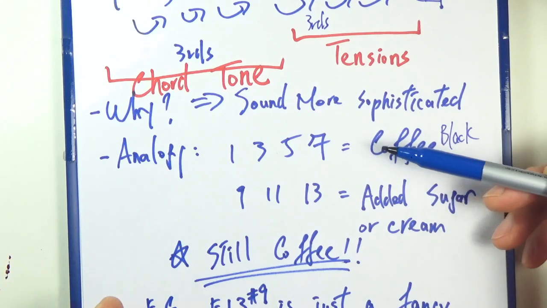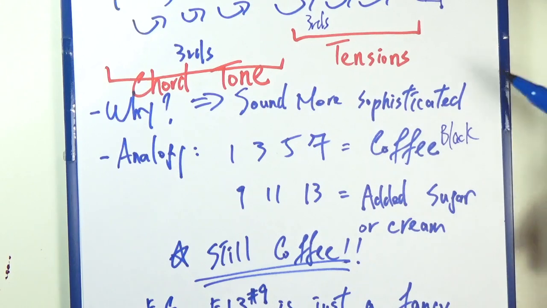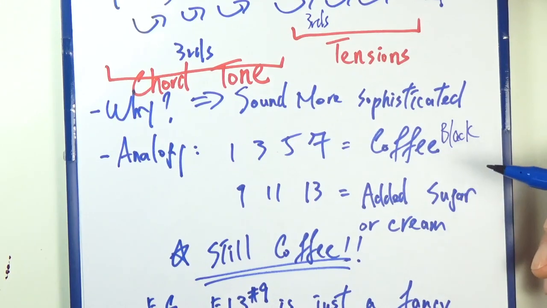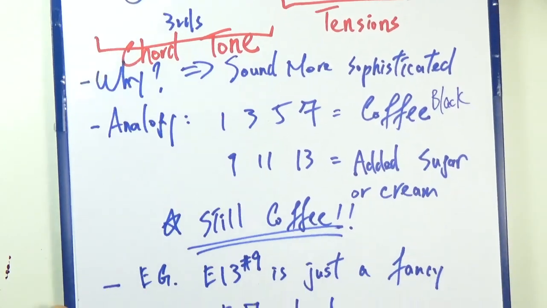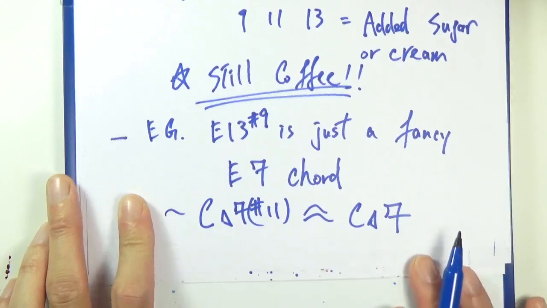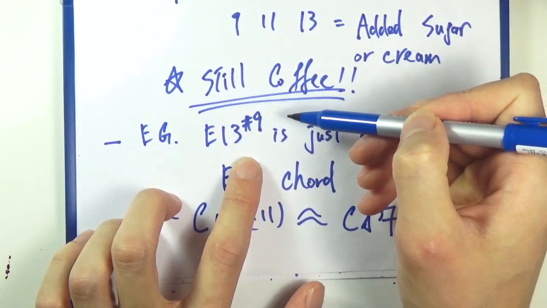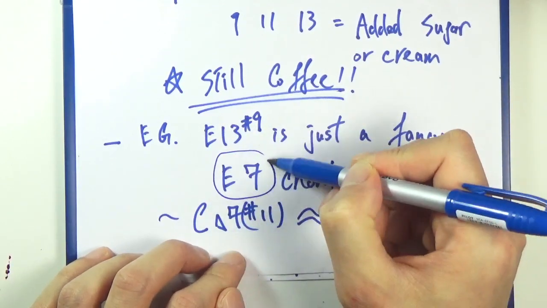It's still coffee, right? You won't turn it into a chocolate or a cup of tea. It's still coffee, but with sugar, with cream, it's still coffee. So the same thing applies here. So for example, E13 sharp 9 is just a really fancy E dominant 7 chord. It's just an E dominant 7 chord.